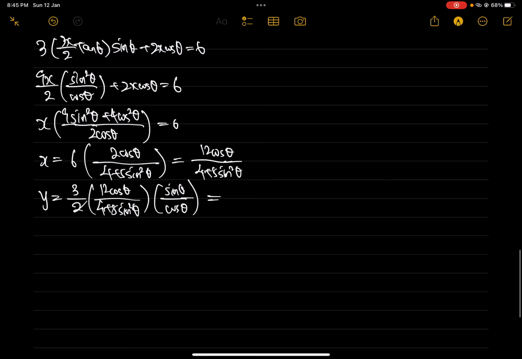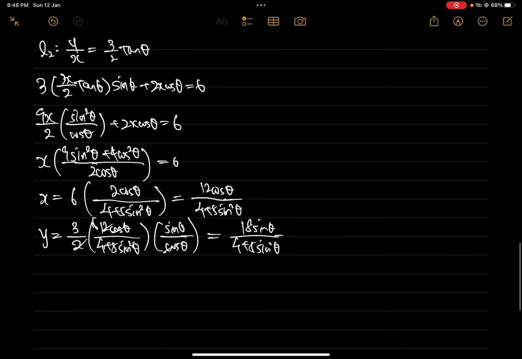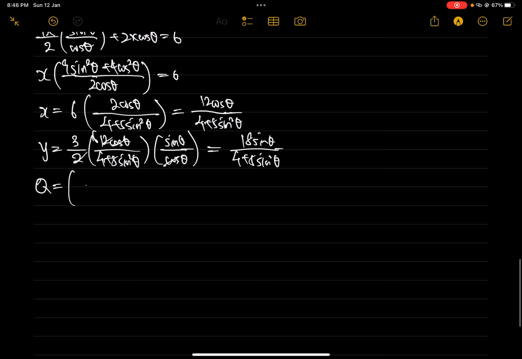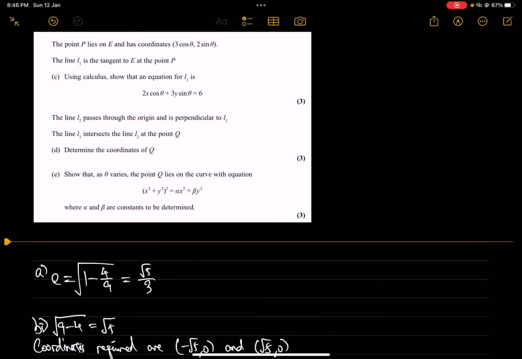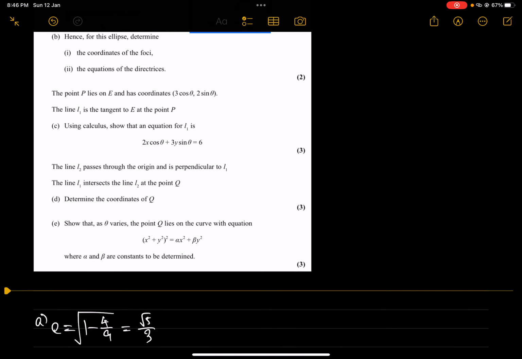Which is, so Q is as follows. And that's part D.